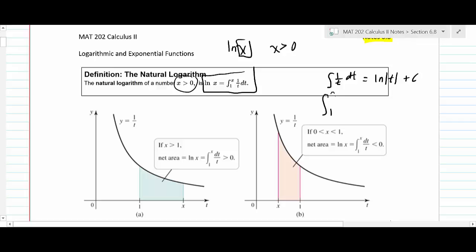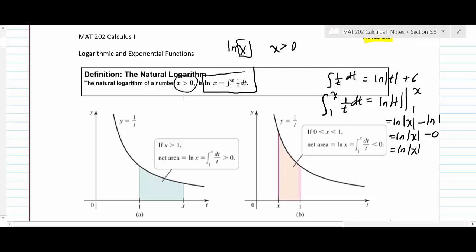So if you're doing this integral of 1 over t dt, you would get ln of t. And then if you evaluate that from 1 to x, you would get ln of x minus ln of 1. Okay, but what's ln of 1? 0, okay? So you would end up getting ln of x minus 0, so you'd end up getting ln of x.